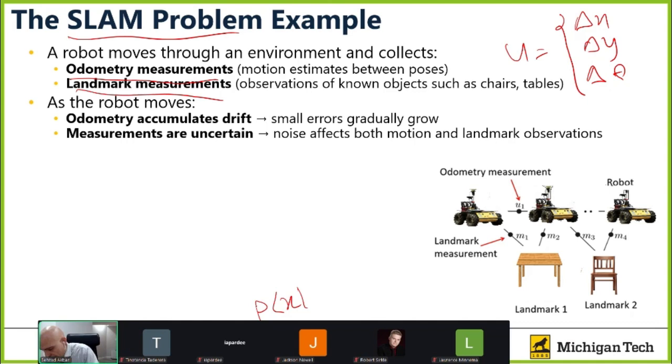In a SLAM problem, which is the hardest problem in optimization, it's not just detecting the position of yourself, but also the positions of the surroundings, and you are even exploring the environment. That's why you have x and L unknown. And what is known? Z. So obviously this is a probabilistic model. So the first part is done.